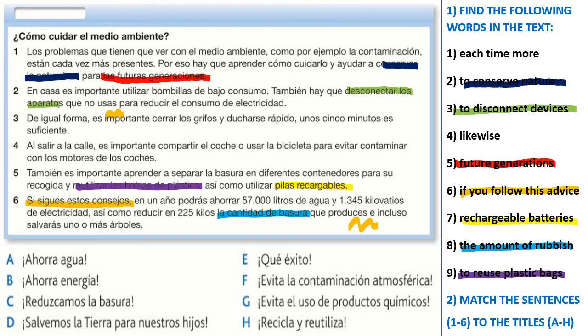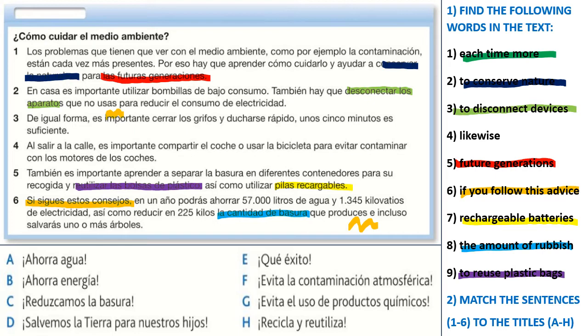Then you've got likewise and each time more. They're the ones that I'd really not expect you to be able to work out as easily, so we'll give you the vocab for that now. So each time more, you could probably think of the word like if you were saying sometimes is a veces, so you're looking for something like veces.